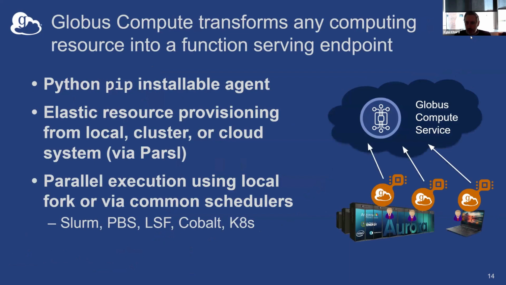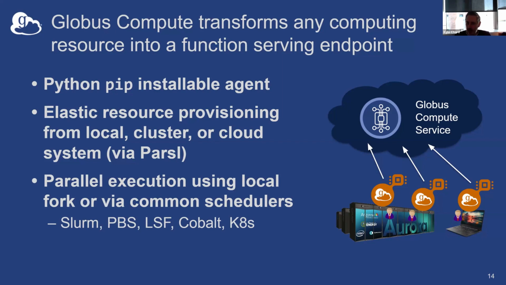So the first thing I want to talk about here is the Globus Compute agent. This is the piece of software that's deployed on the computer to make it accessible to the Globus Compute platform. This is a fairly lightweight piece of code that, as I mentioned in the start, builds upon the Parsl Python parallel programming library for how it actually communicates with resources and provisions resources, provisions nodes, etc. It's pip installable, so the single user agent is entirely Python based and it can be pip installed locally.